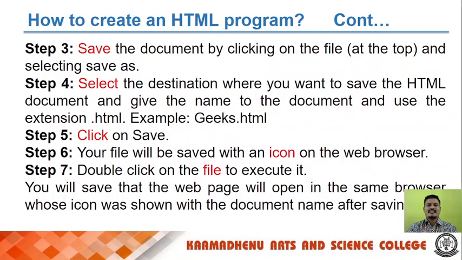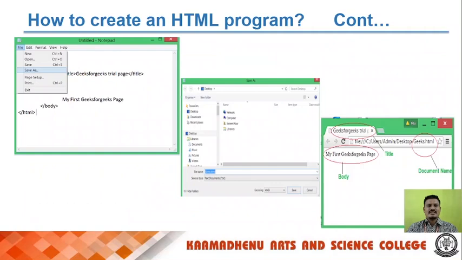In step 5, click on Save. Then step 6, your file will be saved with the icon of the web browser on your computer. Next, step 7, double click the file to execute it. The web page will open in the same browser whose icon is shown on the document name after saving it. So this is the example to save and open an HTML program.